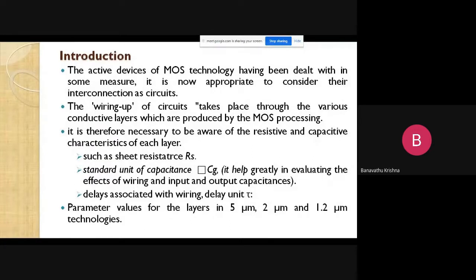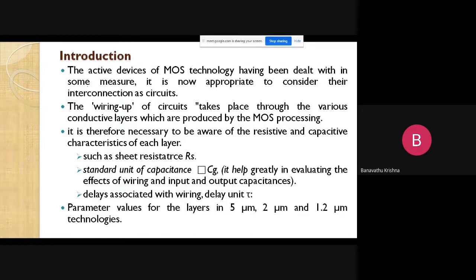Those are nothing but sheet resistance, the standard unit of capacitance, and delay associated with the wiring, and the delay unit is represented as tau. Okay, these characteristics I am going to measure here for different technologies, such as 5 micrometer technology, 2 micrometer technology, and 1.2 micrometer technology, right? This is the basic introduction of this chapter.